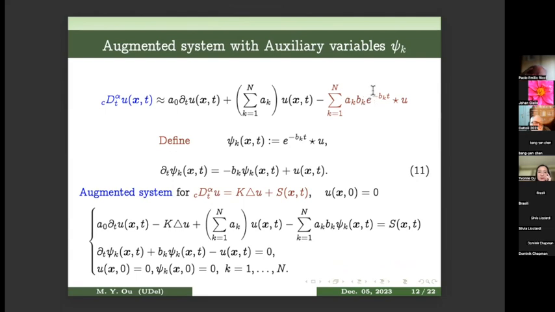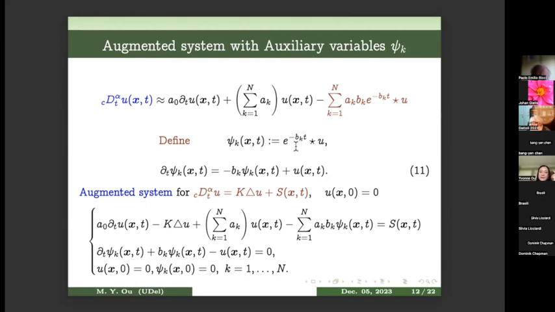Suppose you have n terms to approximate your rational function. Each one of them, you just call them psi_k. And you just throw the entire memory term into this unknown. So your unknown psi_k is just e to the minus b_k t convolved with your unknown u, which is the concentration, yes?